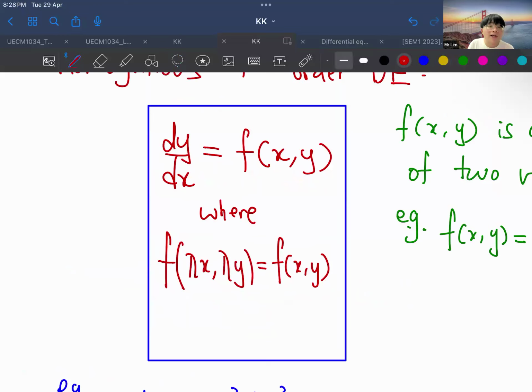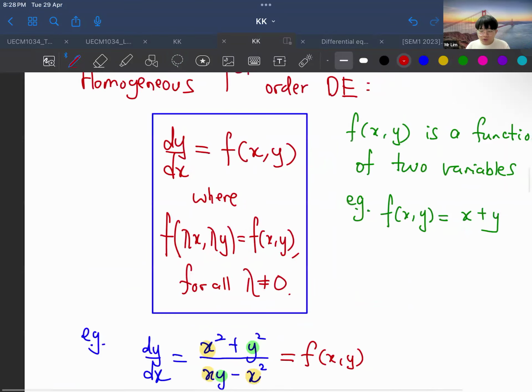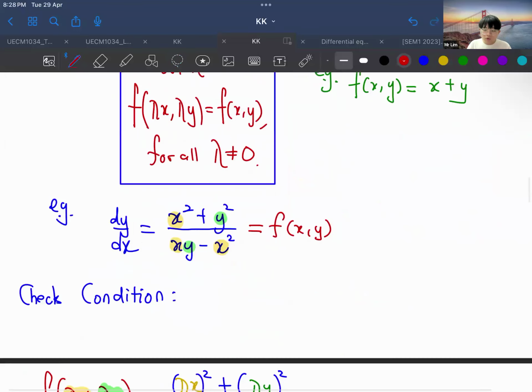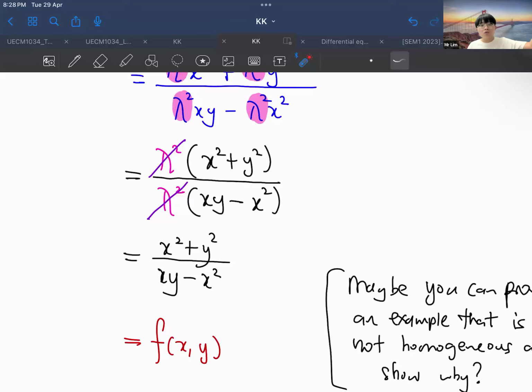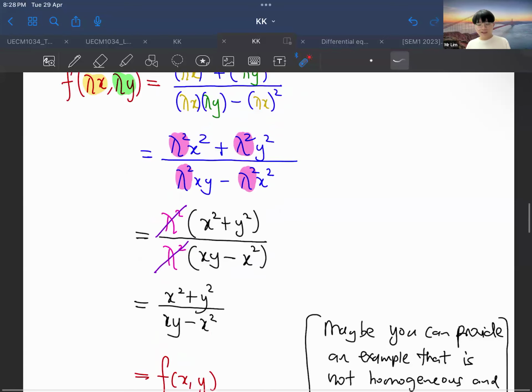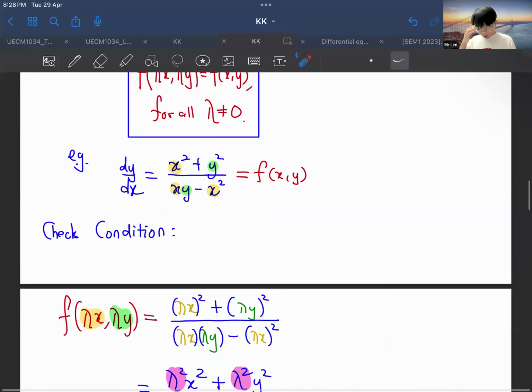Here we assume that lambda is not equal to 0, for all lambda not equal to 0. Of course, lambda cannot equal 0. If lambda is equal to 0, you are not able to cut. So don't do that if lambda is 0. So assume lambda is not 0. That's just a very basic assumption.